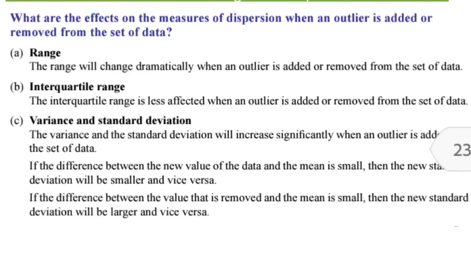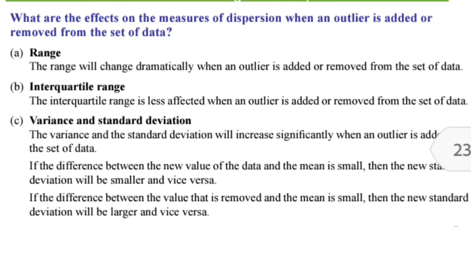What are the effects on the measures of dispersion when an outlier is added or removed from the set of data? For range, it will change dramatically. For interquartile range, it is less affected. For variance and standard deviation, they will increase significantly when an outlier is added.